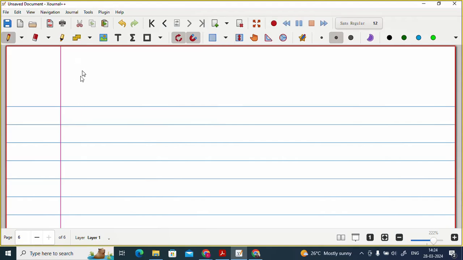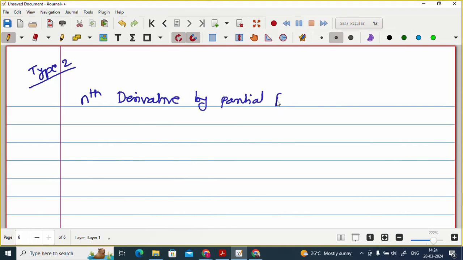Nth derivative, type 2, nth derivative by partial fraction. For which type of functions? For y of this type, polynomial upon polynomial, when your y is polynomial upon polynomial. Okay, so let us take question number 4.